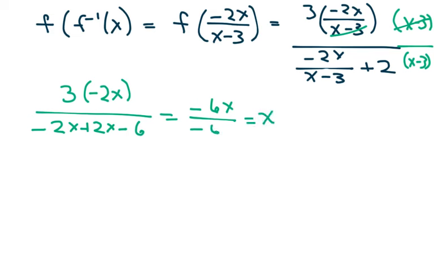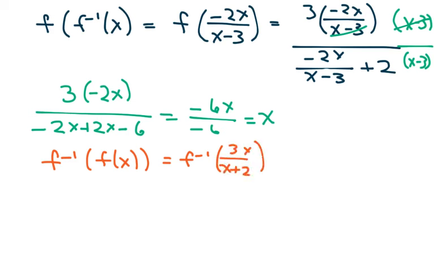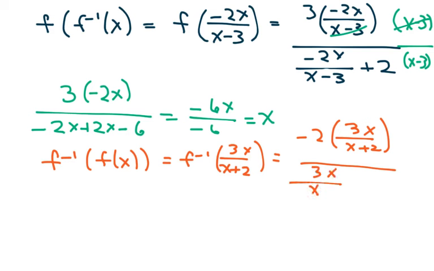Okay, and then the other way is going to be f inverse composed with f of x, which gives me f inverse of 3x over x plus 2, which equals negative 2 times 3x over x plus 2, over 3x over x plus 2 minus 3.